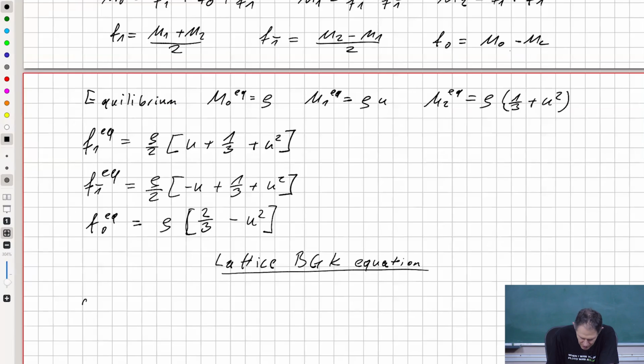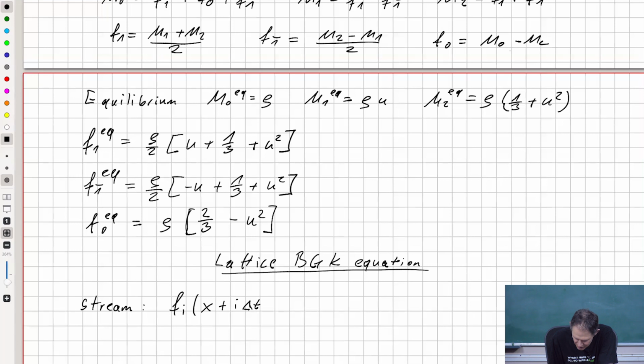And now we do this in two steps, namely stream and collide. So we have this Fi at the position x, which is now not a vector because we are in 1 dimension, plus i delta t.